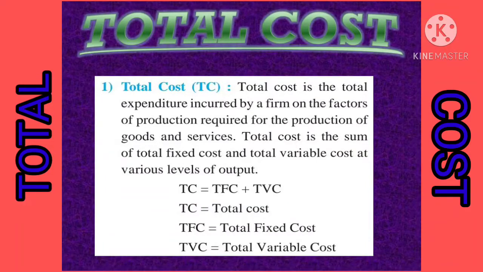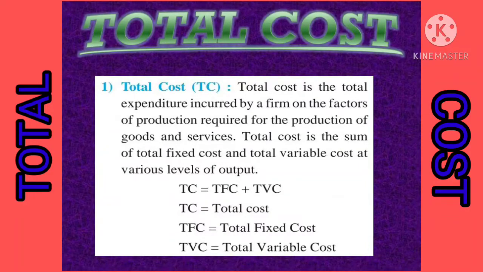In the way of a formula, we can have TC equals TFC plus TVC, where TC stands for total cost, TFC stands for total fixed cost, and TVC stands for total variable cost.